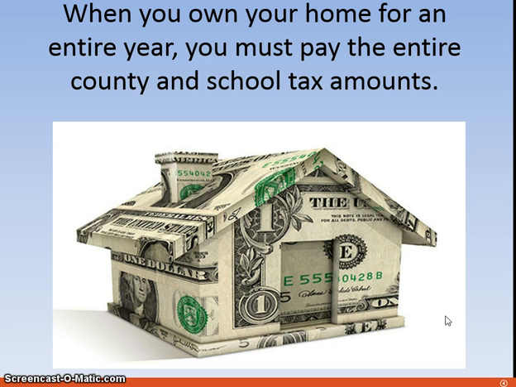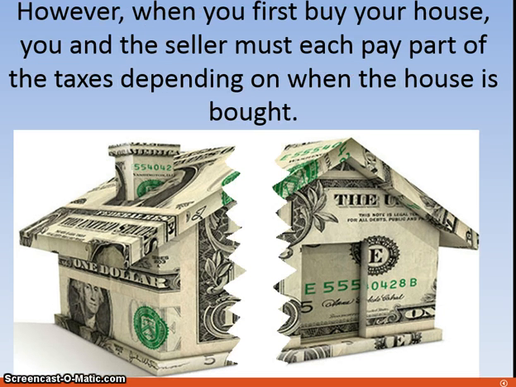When you own your home for an entire year, you have to pay the entire amount of county and school taxes. However, when you first buy your home, you and your seller must each pay part of the taxes depending on when the house is bought. If you bought it in the middle of the year, you would split it evenly, 50%, 50%.